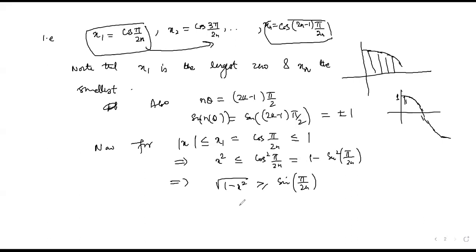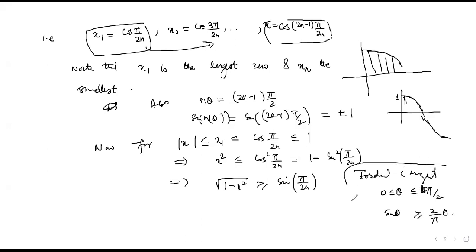And in case you remember, the Jordan's inequality that we did last time says if theta lies between 0 and pi by 2, which it does in this case, right, because n is an integer, then sine theta is bigger than equal to 2 divided by pi into theta.